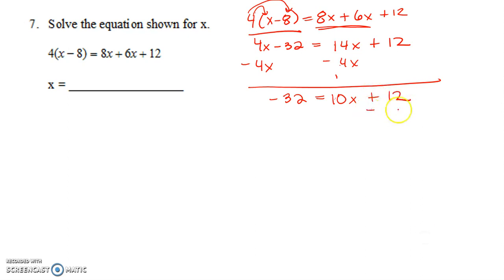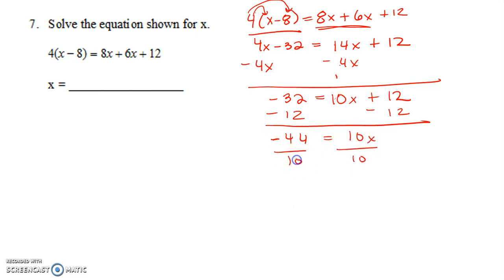I'm going to subtract 12 on both sides. 4 is negative 44. Divide by 10 on both sides. I'm going to get negative 4.4 is equal to x.